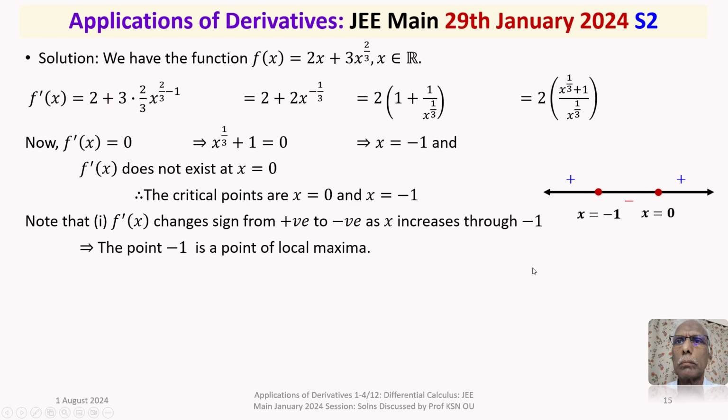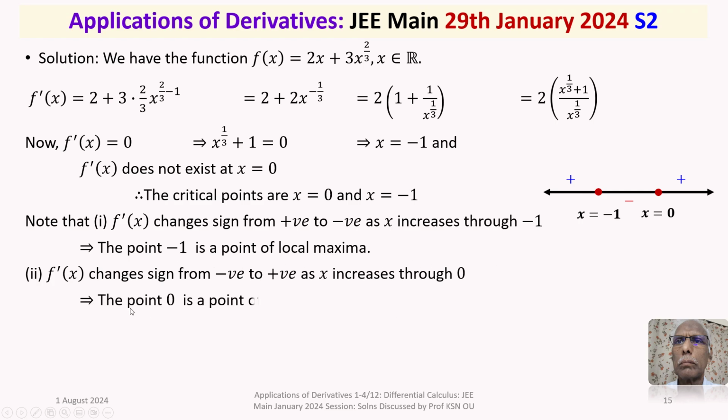Case 2. f prime x changes sign from negative to positive as x passes through 0. That means f of x will be of decreasing nature, so that means the point 0 is a point of local minima.